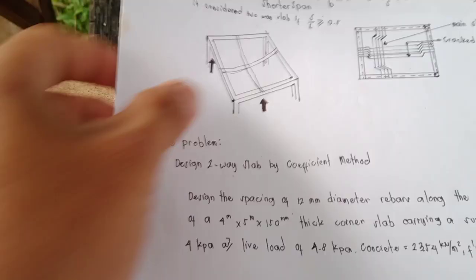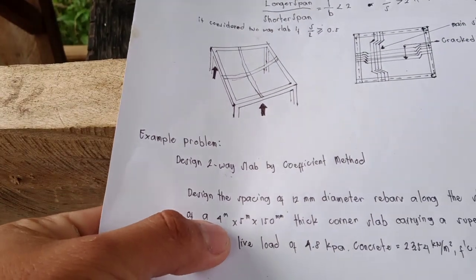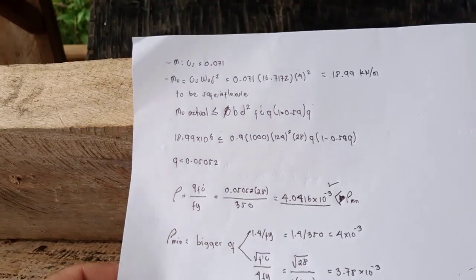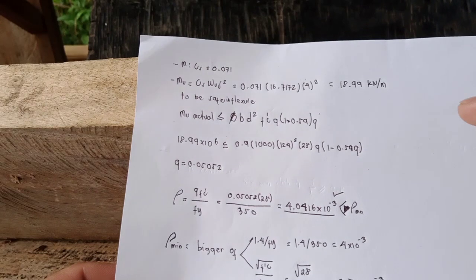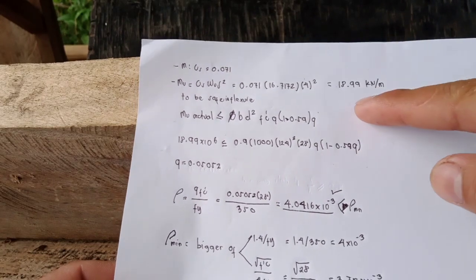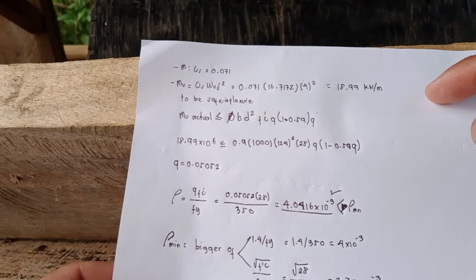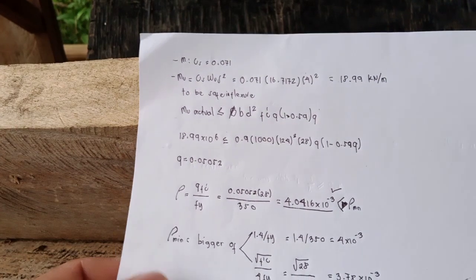This is our short span. So we calculate, and the result is 18.29 kilonewton meter.